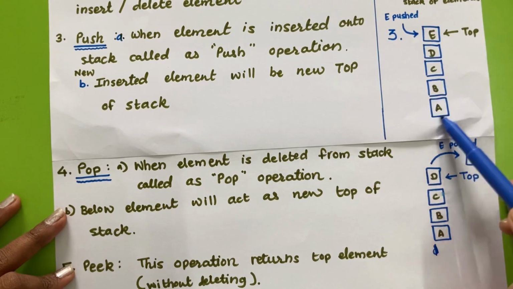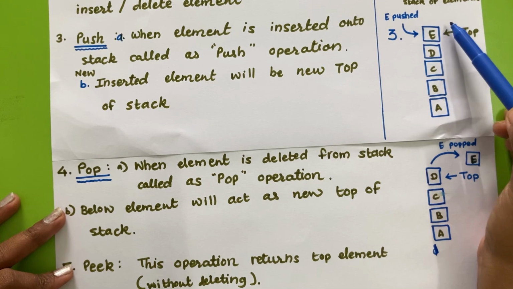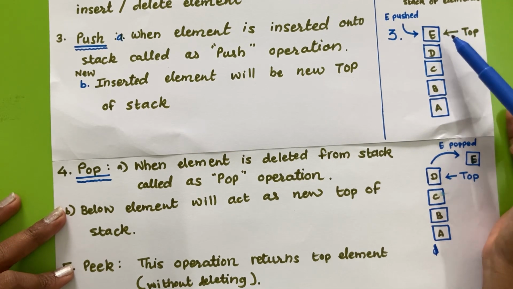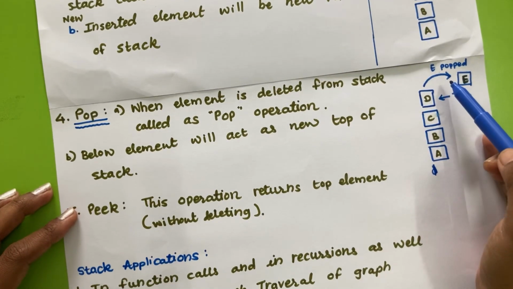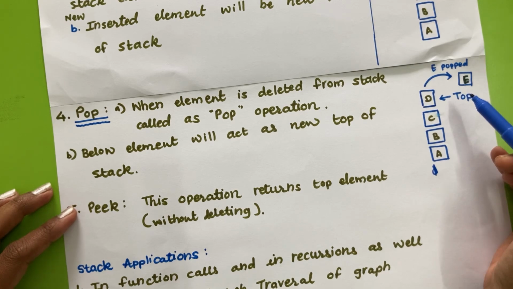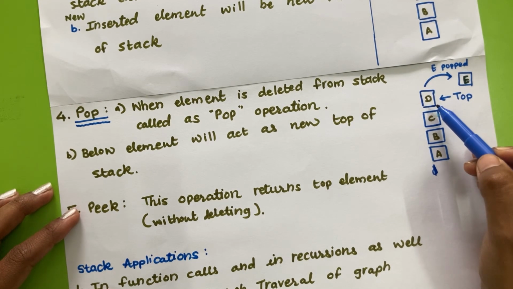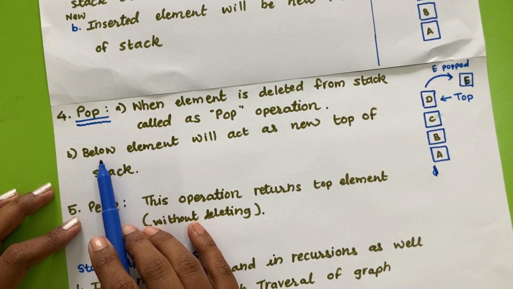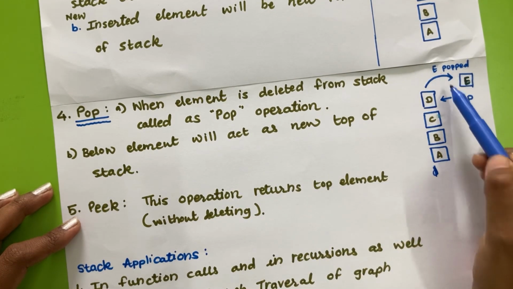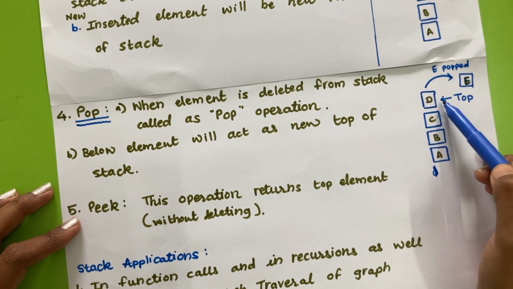Suppose we have this stack, and if we perform the pop operation, then the top element automatically gets popped off. We don't need to mention which element we want to delete, because only the top element gets deleted in the pop operation. The next element below the top element will be the next top.